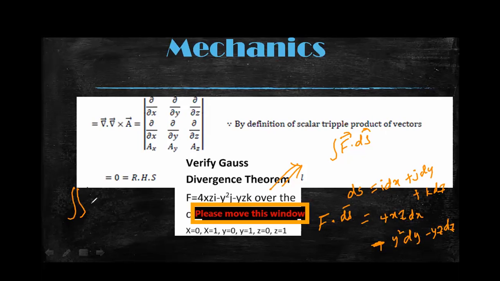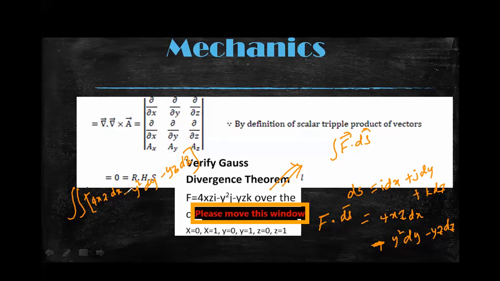So the surface integral you have to attempt, right? So 4xz dx, plus minus y square dy minus yz dz. Here the question is, what should I take?